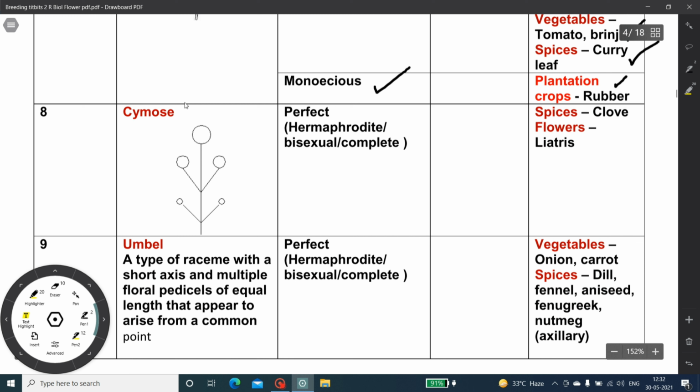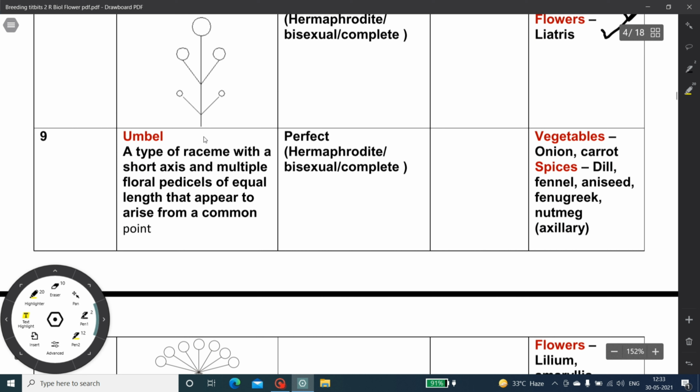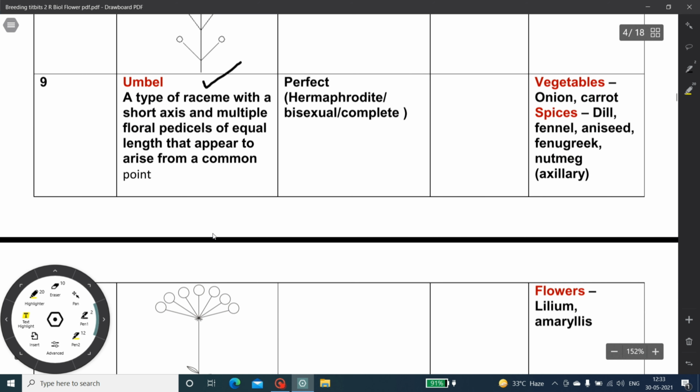The eighth one is cymose. The flowers are perfect flowers, and the examples are clove and laertes. The ninth one is umbel, a type of inflorescence with a short axis and multiple floral pedicels of equal length that arise from a common point.